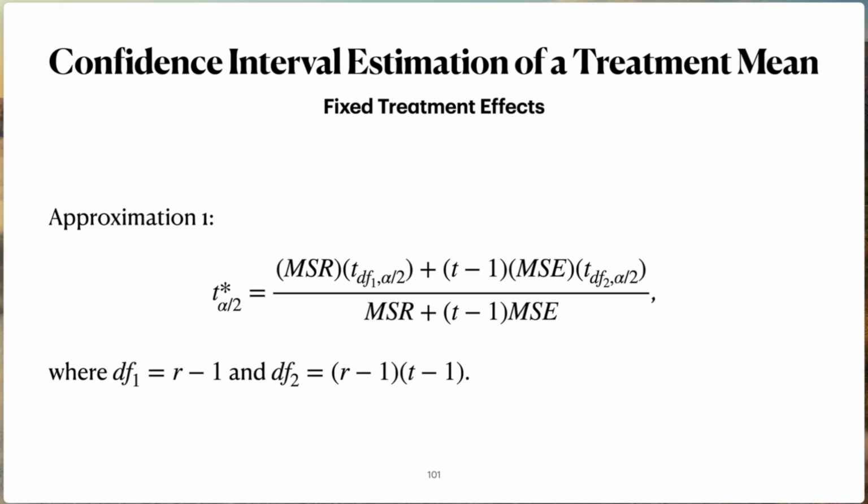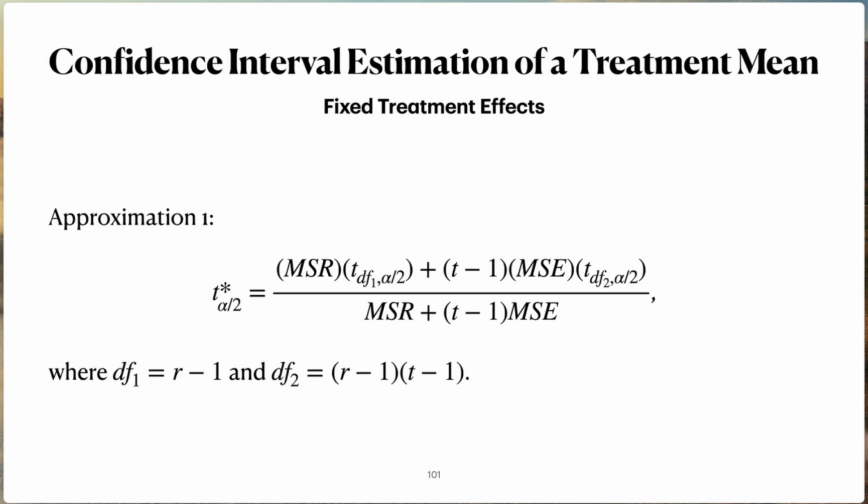It does not involve Q1 and Q2, and the reason is that for the situation that we're looking at now, an individual treatment mean, Q1 and Q2 cancel out. Or at least some of those terms cancel out, and this is what it simplifies to. So if you want to see the calculations, go ahead and do it. It's very easy, just a simple algebraic thing. But this is what it simplifies to.